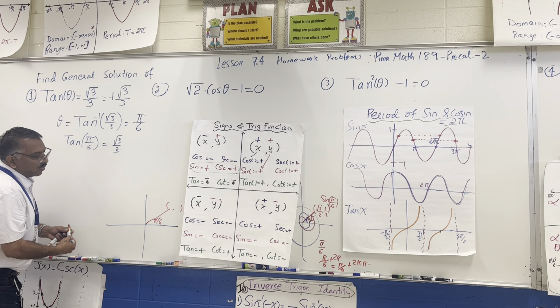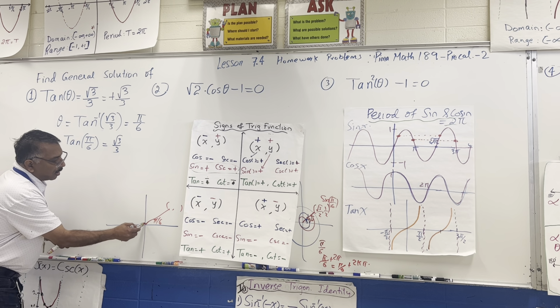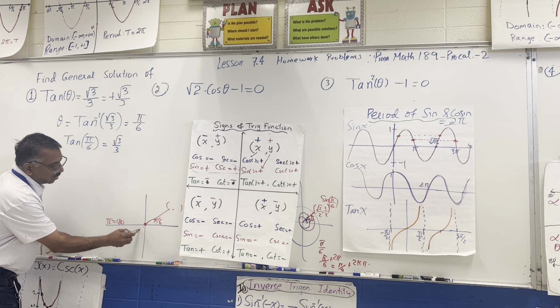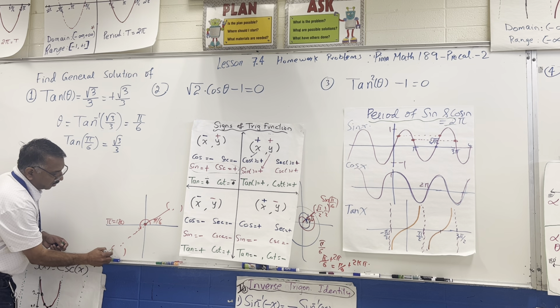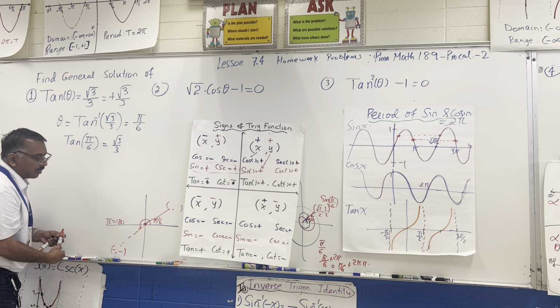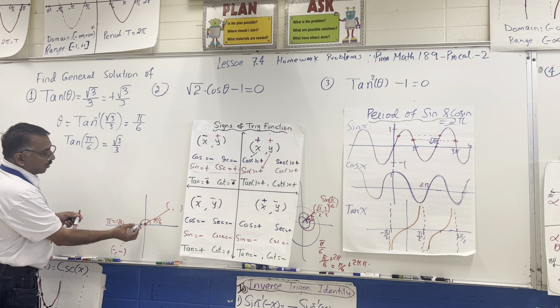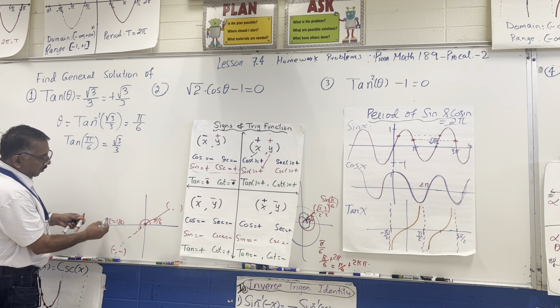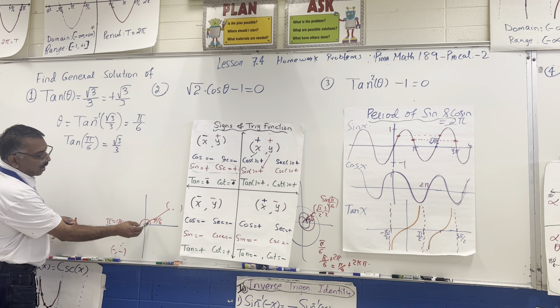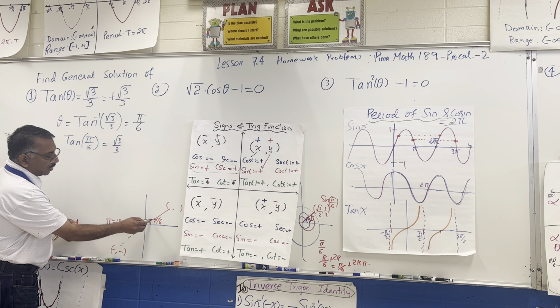Okay, and then you can see that this is pi, which is 180, and you can go to the other side. This angle also, here both sine and cosine are negative, tan is positive. So it is also 180 plus pi by 6. So this is pi.